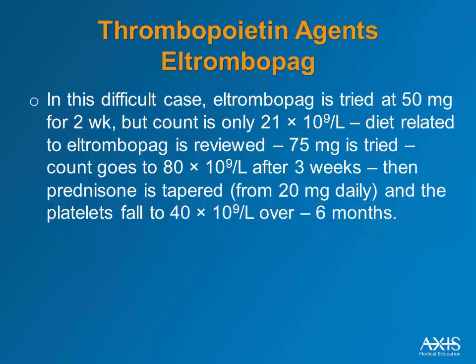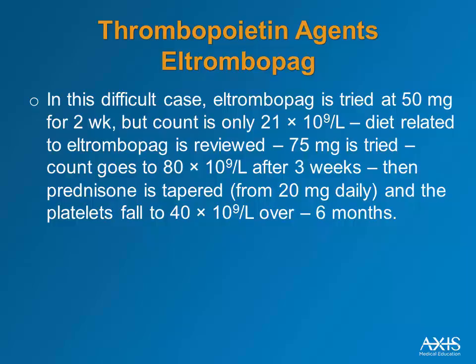Just to be sure that the patient was taking it on a sufficiently empty stomach, we reviewed that, and apparently he was, i.e., more than 2 hours after eating and more than 4 hours after dairy, and no other supplemental calcium or iron within 4 hours of taking the medicine at bedtime.